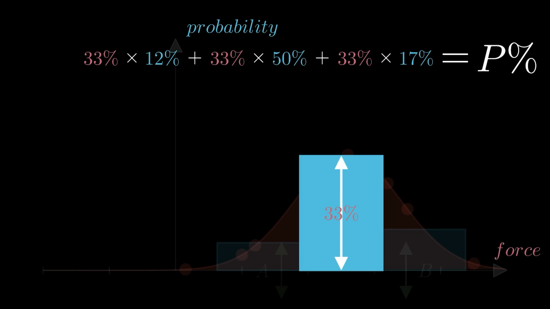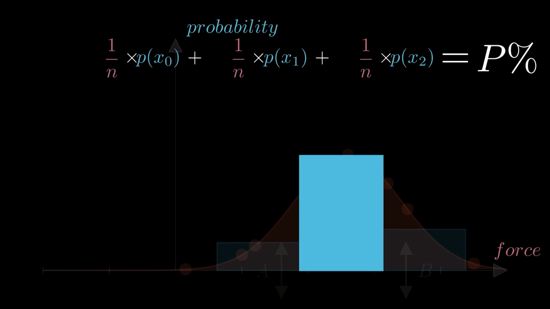Now, if all of them are equally probable, that means that each force has a probability of getting picked equal to 1 divided by the number of segments, which, as it just so happens, is exactly equal to the width of each rectangle. So that means that we can just replace this with height, which, as you remember, is equal to the function in the background. The width we can just replace with 1 divided by number of segments. I'll just note the number of segments down as n.